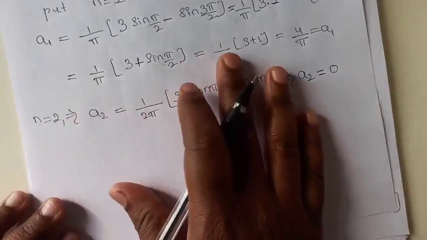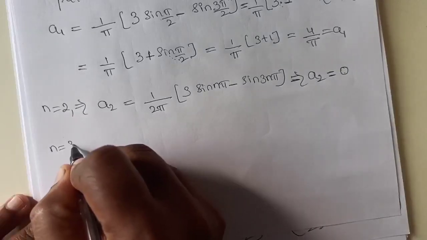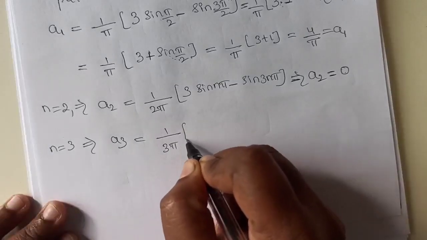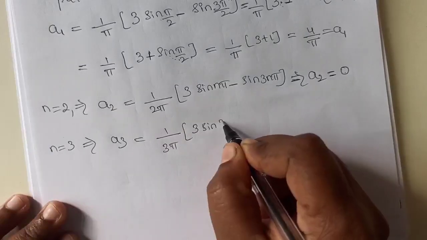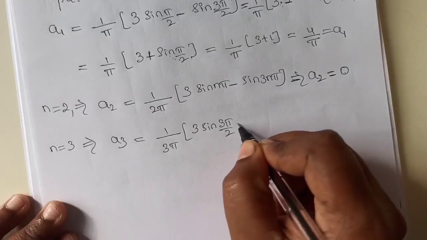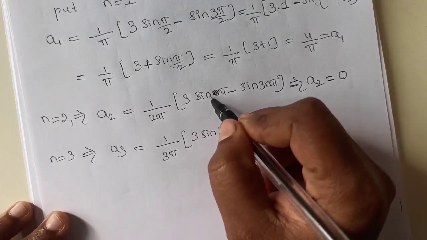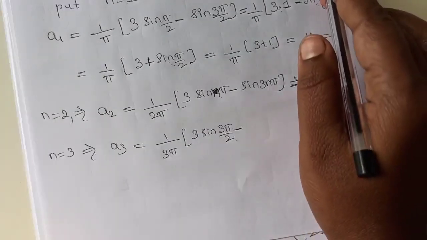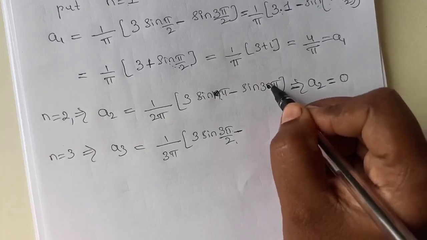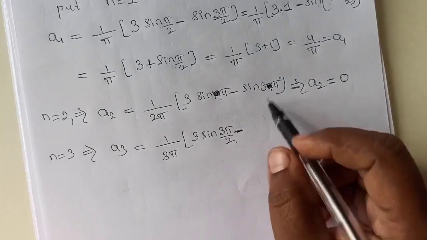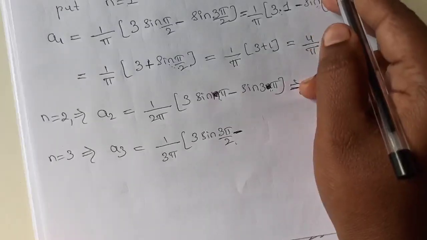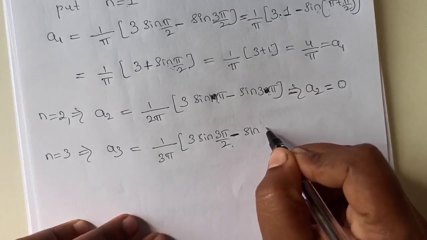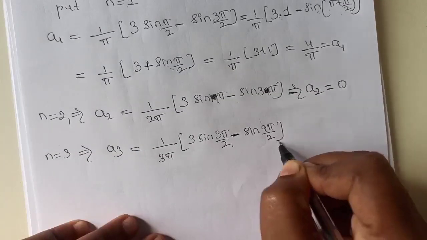Now computing n equals 3, that is the a3 value: 1 divided by 3 pi [3 sine of 3 pi by 2 minus sine of 9 pi by 2].